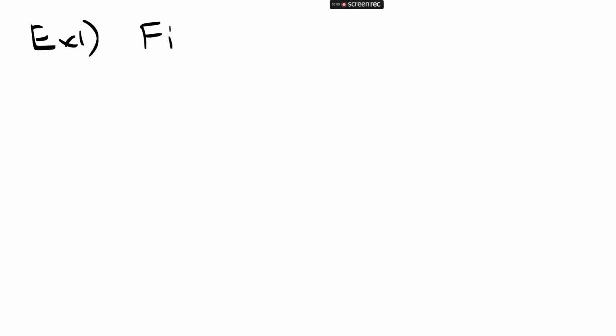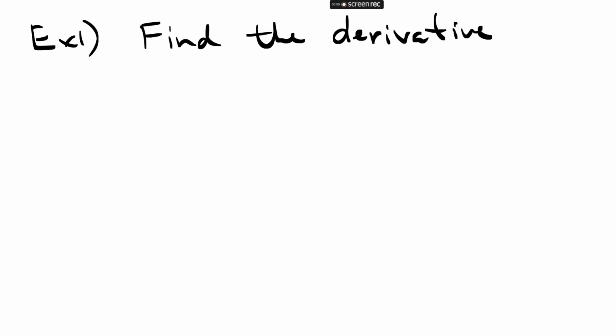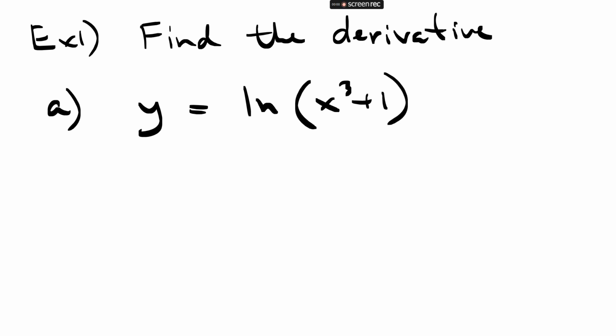Exercise 1, find the derivative. All right, if you can stay ahead of me, perfect, go for it. That would be awesome. I've got y is equal to ln of x cubed plus 1. Let's take the derivative of this guy. All right, so y prime is going to be, so let's see, ln.